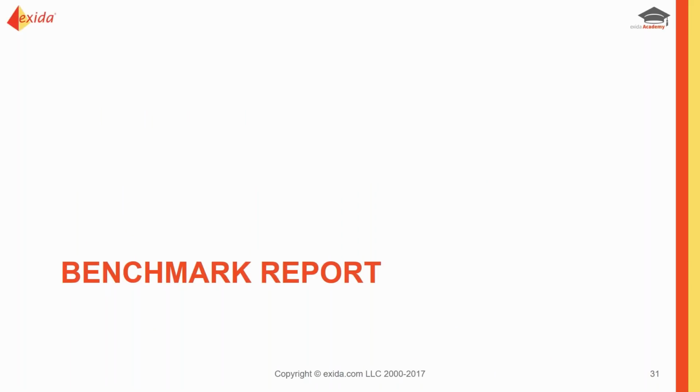So those are the key things that we're going to look at in our benchmark and our ongoing monitoring and assessment, and why they're important. So now let's take a look at what some of those reports look like and the type of information that can be contained.